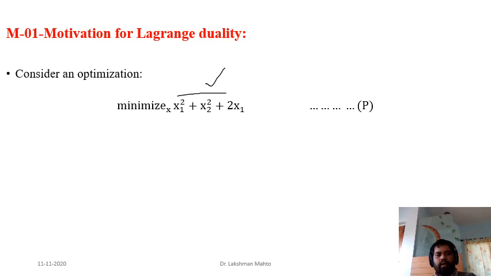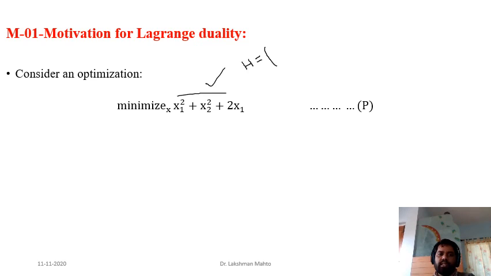Why? Because from the second order characterization you come to know. Whenever you have a problem, always try to check the convexity of that problem as well. If it is not convex, that means your problem is difficult, and the duality concept will help to overcome that difficulty. So always try to check convexity as well.